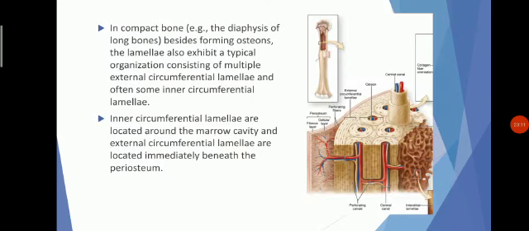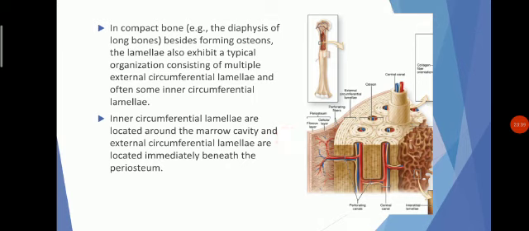In compact bone, the diaphysis of a long bone, besides forming osteons, the lamellae also exhibit a typical organization consisting of multiple external circumferential lamellae and often some inner circumferential lamellae. Inner circumferential lamellae are located around the marrow cavity, and external circumferential lamellae are located immediately beneath the periosteum.